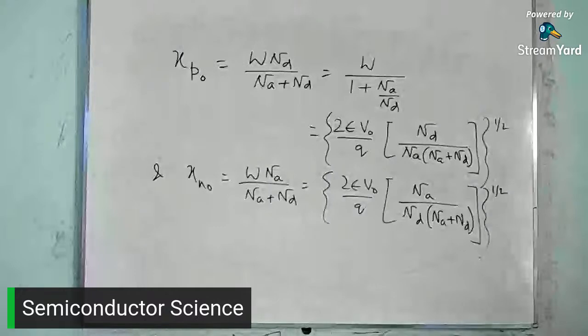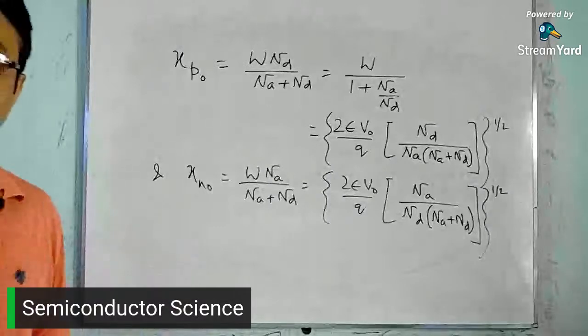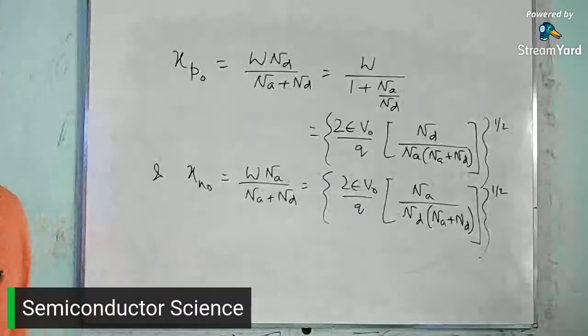So by these derivations or by these values, we conclude the space charge region at a junction in equilibrium.